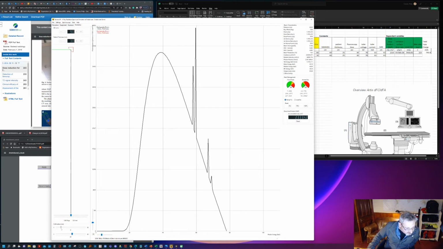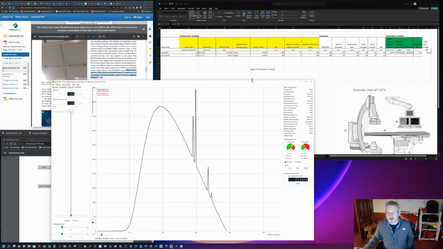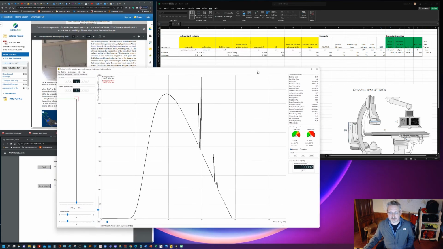So that's not going to change the rate of radiation dose, but it will change the area that the radiation covers. We won't know what that effect is until we've done the exposure and calculated the DAP. So that's now 11 by 11. So that's this screen done, I think.